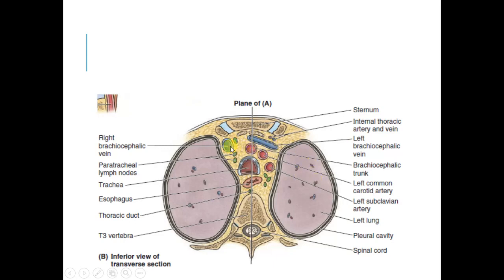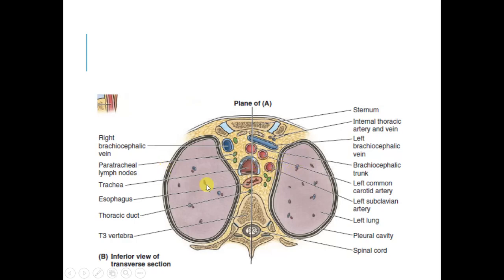This is the left side, this is the right side, because we are seeing from below. In my advice, students should try to draw it and understand it, and this will help them in understanding the relation of the structures in the superior mediastinum.